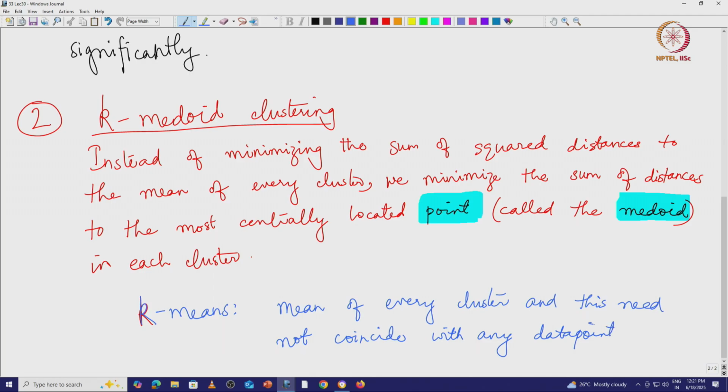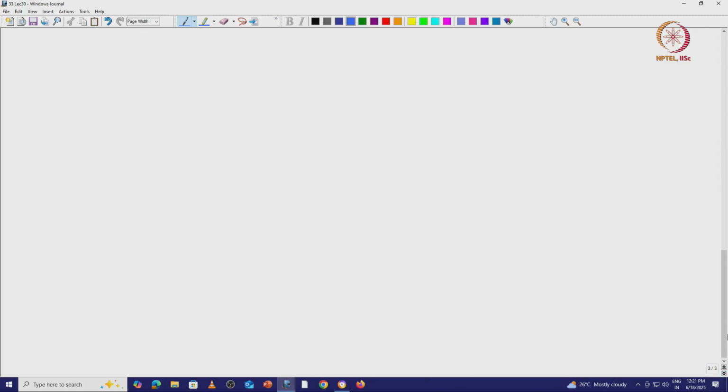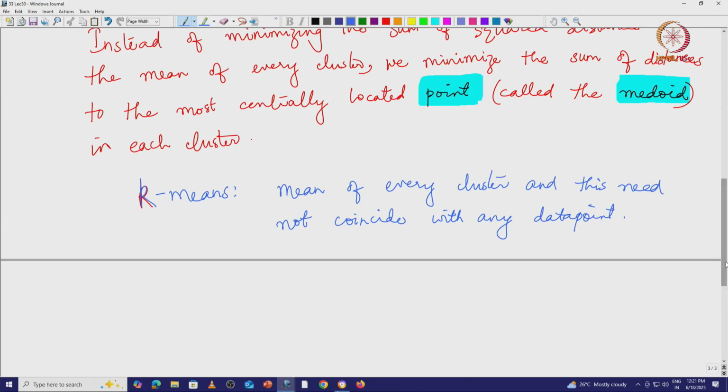The mean is the mean, it can lie wherever in between any of the data points. However, notice what happens in K-medoid clustering.